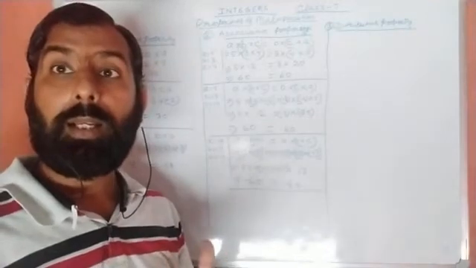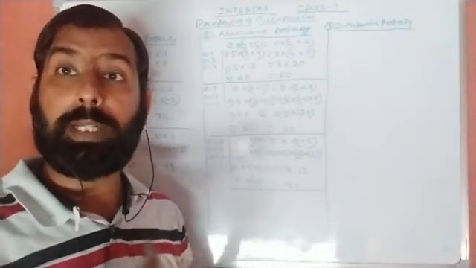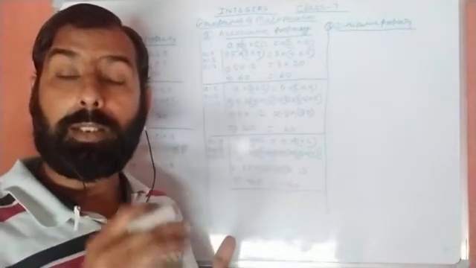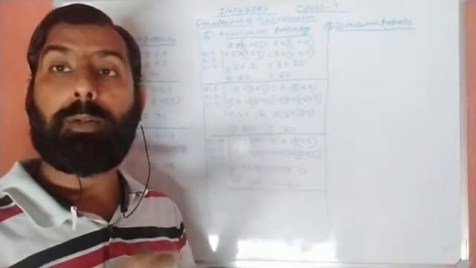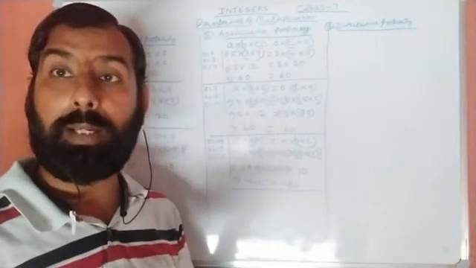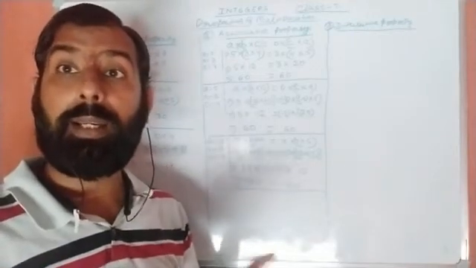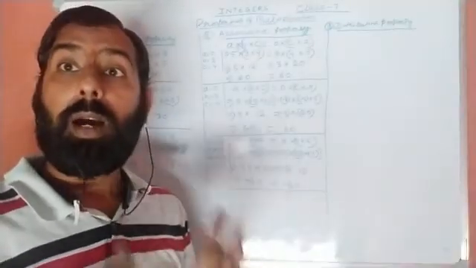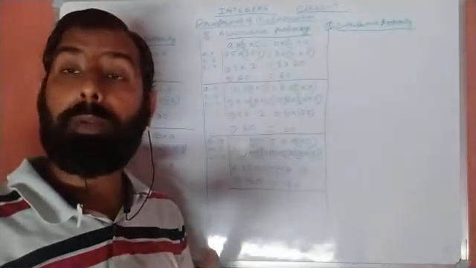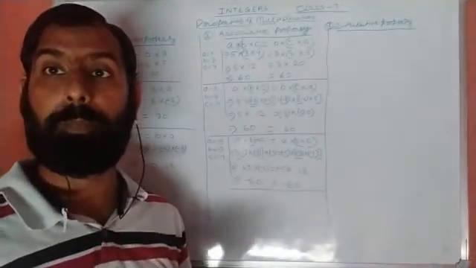Suppose there are 2 minus signs, 4 minus signs, 6 minus signs, 8 minus signs, 10 minus signs, 100 minus signs, it will always be positive.